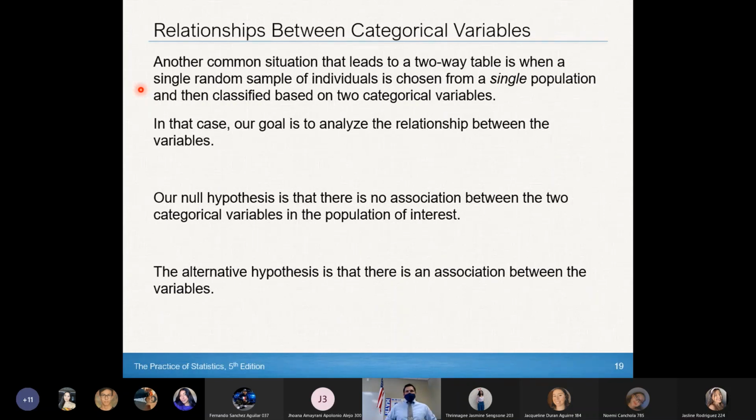Our null hypothesis is that there is no association between the two categorical variables in the population of interest. The alternative hypothesis is that there is an association between the variables. So in this type of test, the test for independence, we're checking for an association. Does one variable have an effect on the other variable?